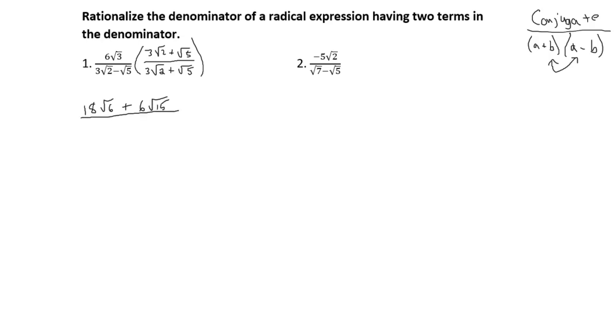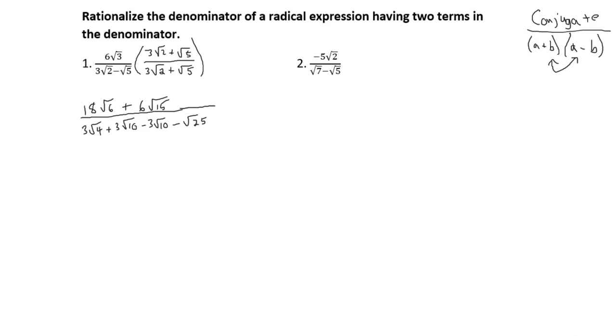Over 3 square root of 2 times 3 square root of 2 would be 3 square root of 4. 3 square root of 2 times square root of 5 would be plus 3 square root of 10. And the middle would be negative 3 square root of 10. And then the last two terms would be negative square root of 25.